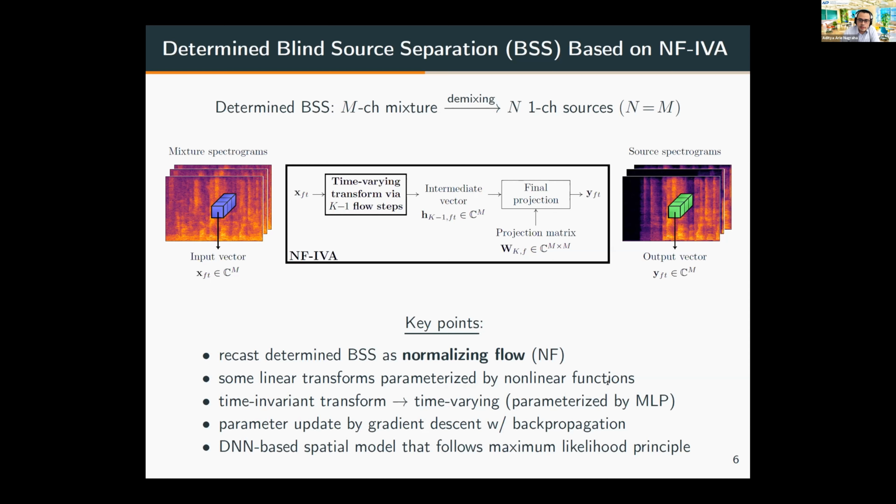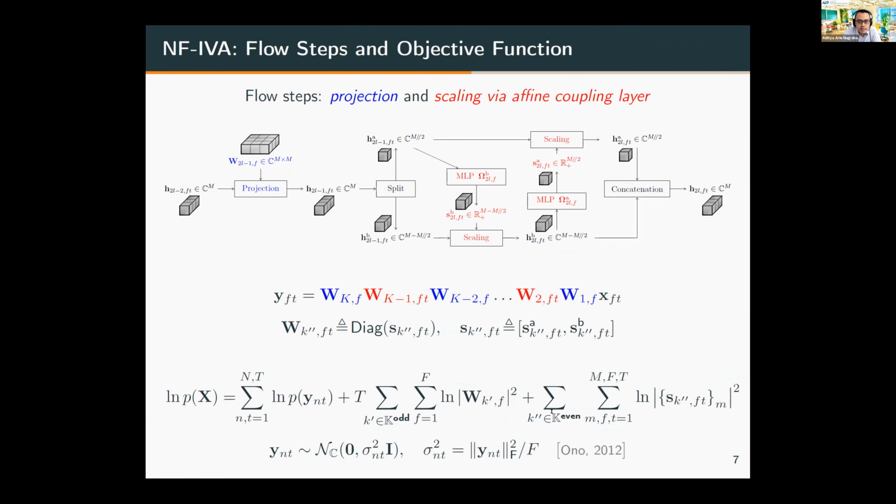And all parameters of the so-called NF-IVA are optimized by gradient descent with backpropagation to minimize the negative log likelihood function. So we can say that this work introduces a spatial model based on a neural network that follows the maximum likelihood principle. Let's discuss further the flow steps in this NF-IVA.